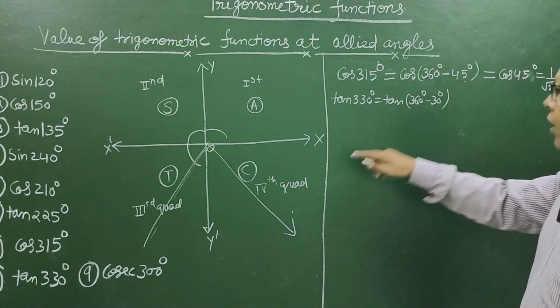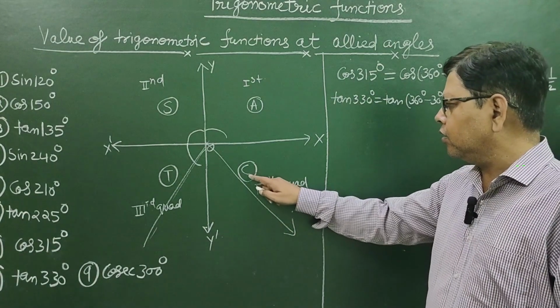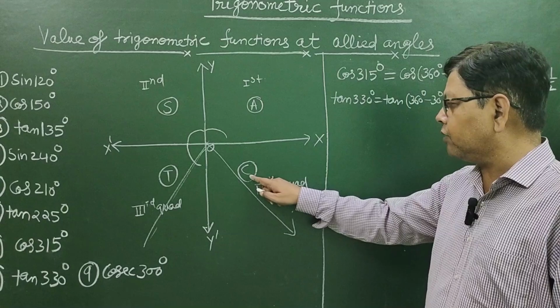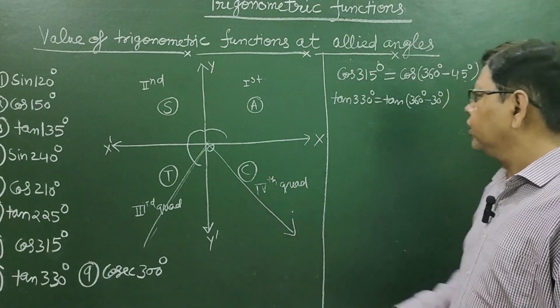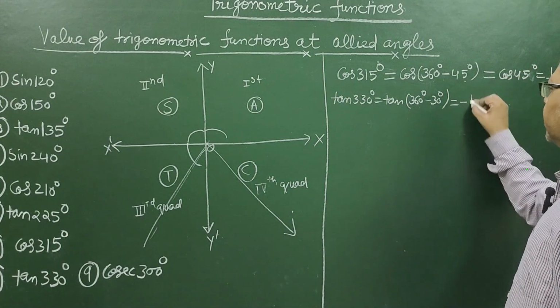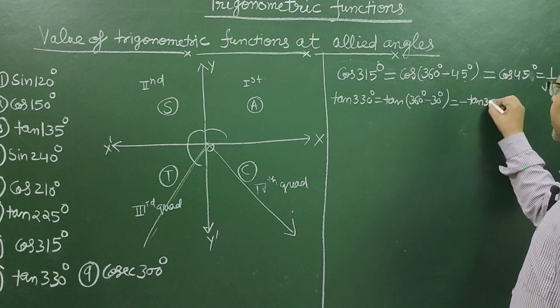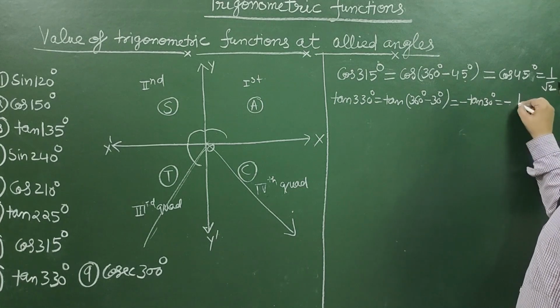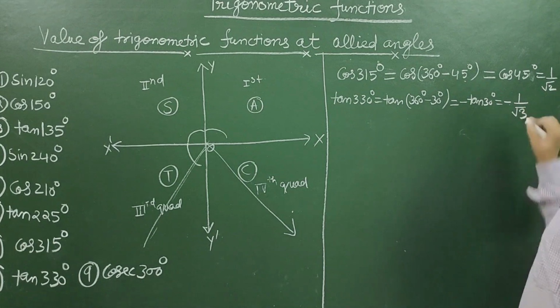Now, in the fourth quadrant, cos and sec are positive, the rest of the values are negative. So this is equal to minus tan 30 degree, and this is equal to minus 1 upon under root 3.